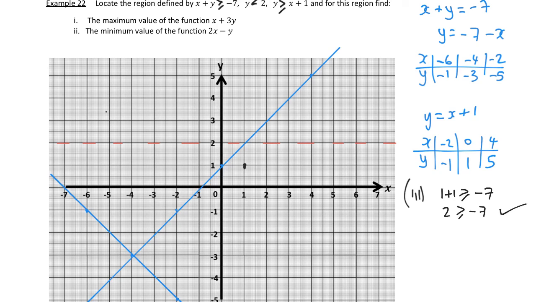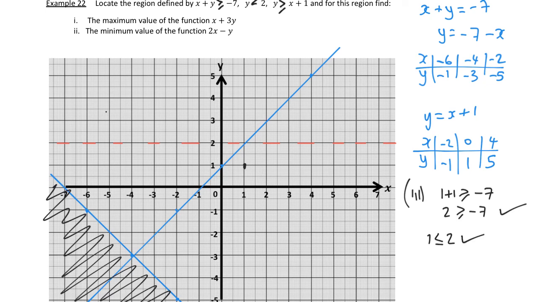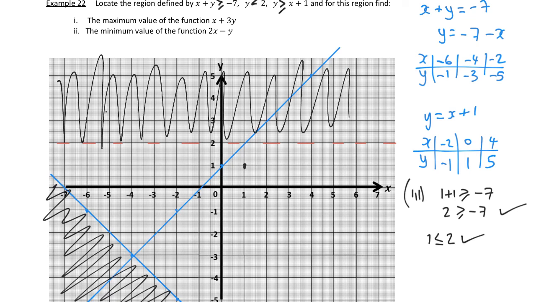So (1, 1) lies on the true side, so we have to shade everything beneath that line. Then if we put it into the second inequality, y is less than or equal to 2, we get 1 is less than or equal to 2, and again that's true. So (1, 1) is on the true side of the red dashed line, so we shade everything on the other side. So we'll shade everything above the dashed line.